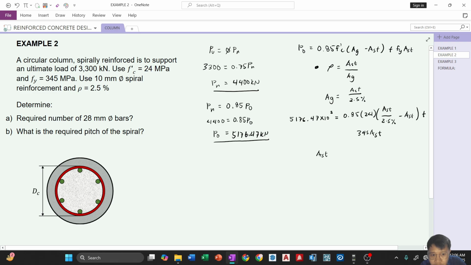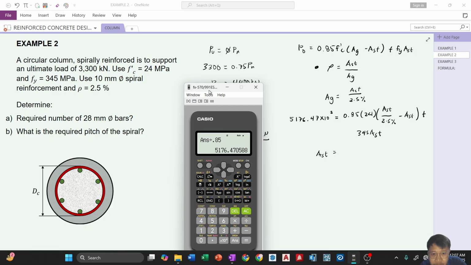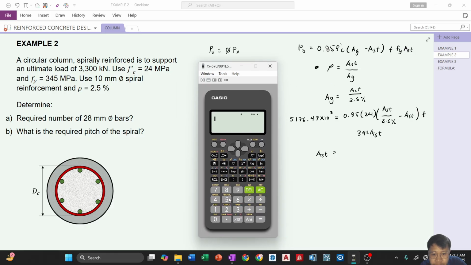So, we can now solve for the value of the area steel. 5176.47 times 10 raised to 3 equal to 0.85, 24, unknown, 2.5%, less the area of the steel, plus 345 area of the steel.